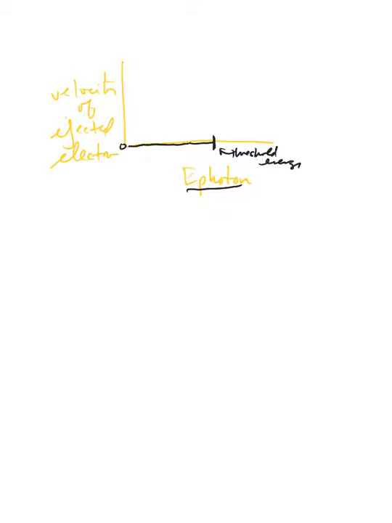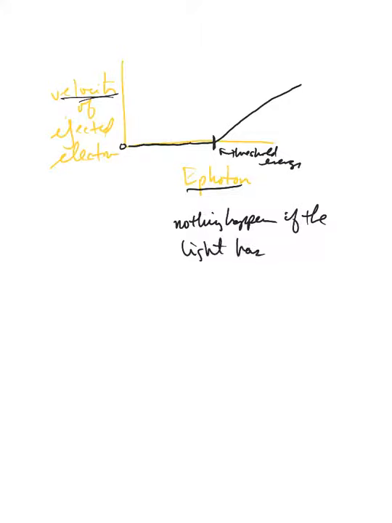And then after that, if you make light even more energetic, that's going to make the electron fly off faster. Okay? So nothing happens if the energy of the photon is too small.